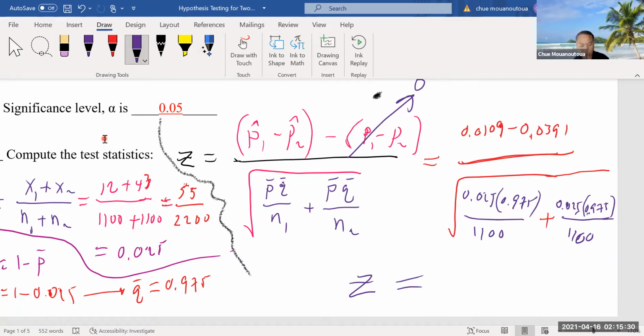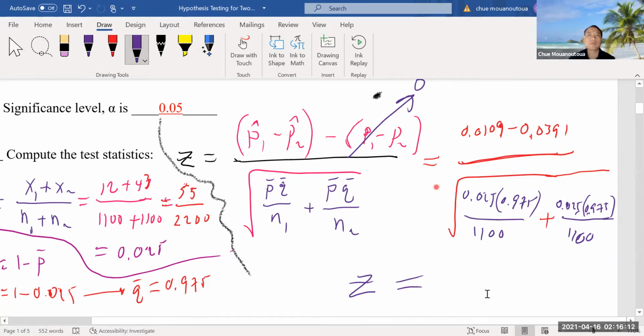So bring up your calculator and let's compute that. So let's plug those in. 0.0109 minus 0.0391, divided by the square root of this guy, right?